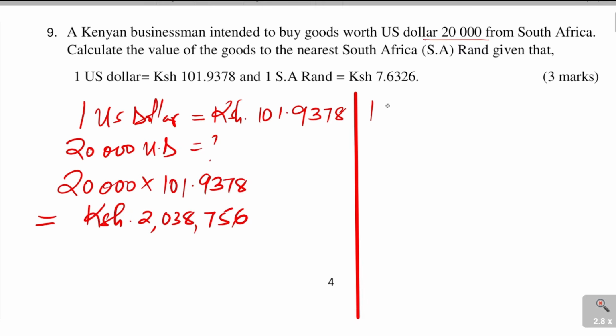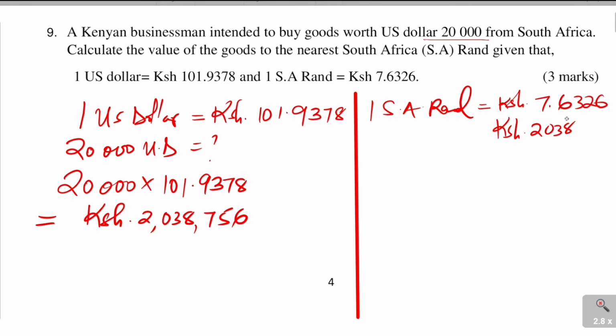Then after that, we shall convert the Kenyan shillings now to South African rand. So 1 South African rand is equivalent to 7.6326 Kenyan shillings. So what about these 2,038,756? To convert this one, we are going to divide. So we take 2,038,756.